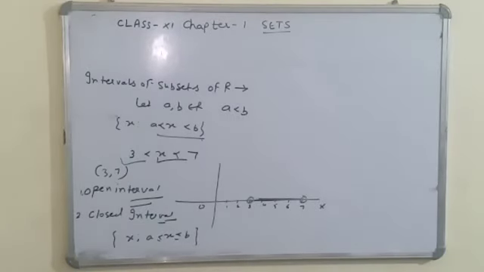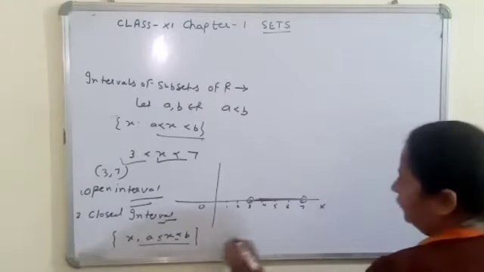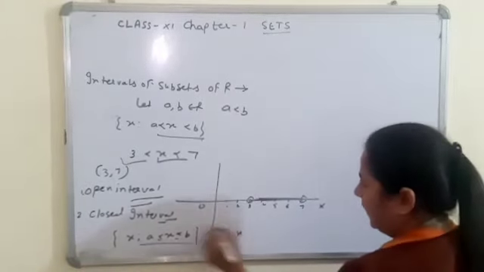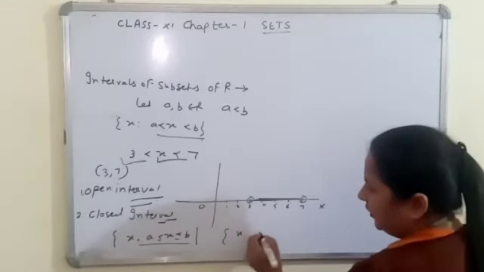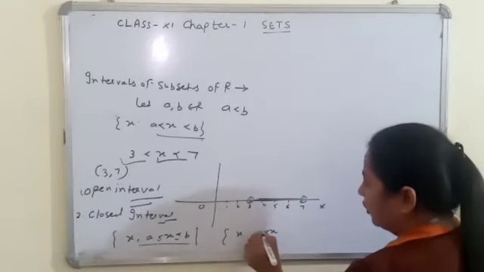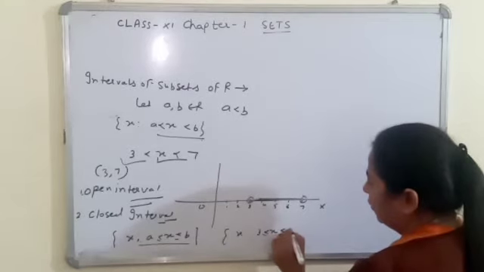So in this interval we will write the values that are greater than or equal to a and less than or equal to b. It means it contains the endpoints a and b also. Let's see this example. We can take the same example, x where x is greater than or equal to 3 and less than or equal to 7.